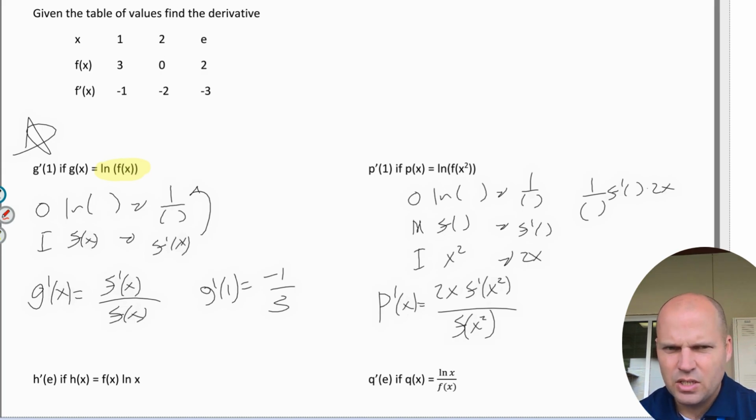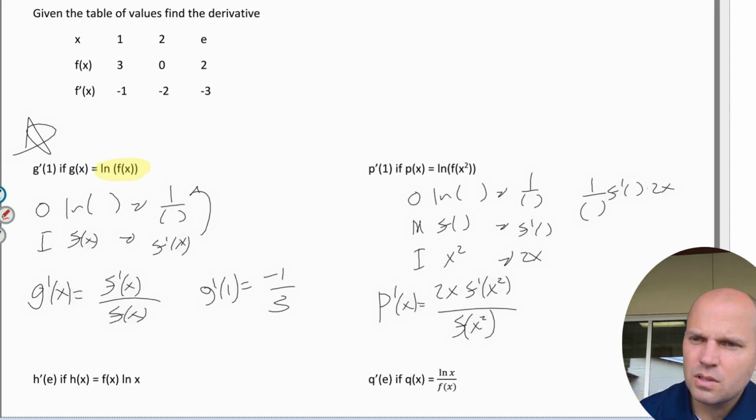You've got to remember this. What started in the f was the x squared. What started in the f stays in the f. It's the x squared.